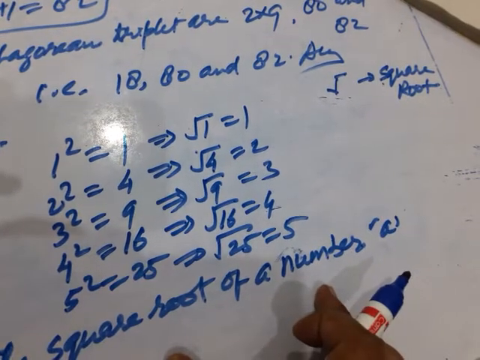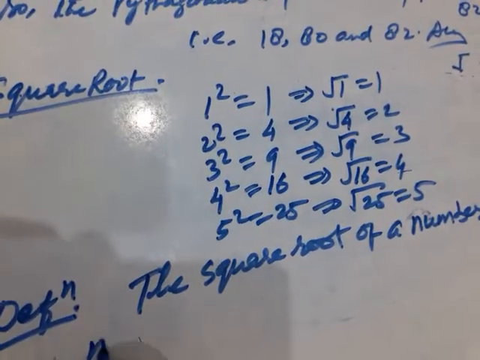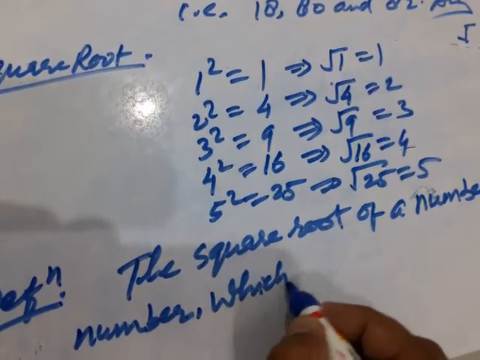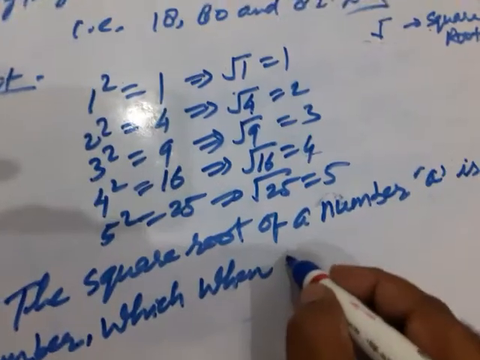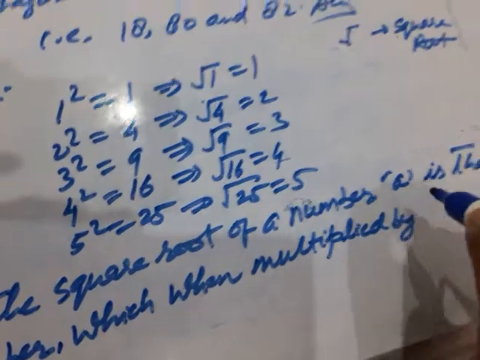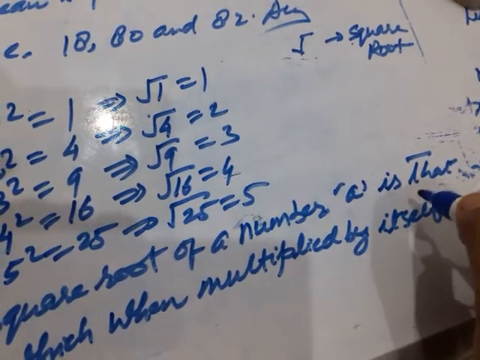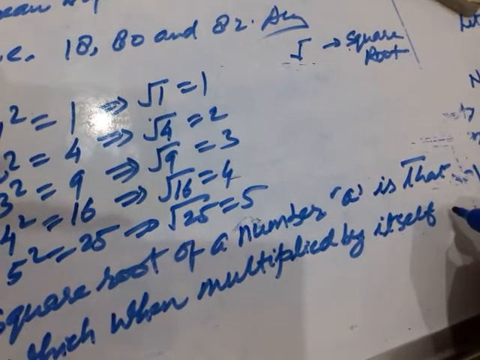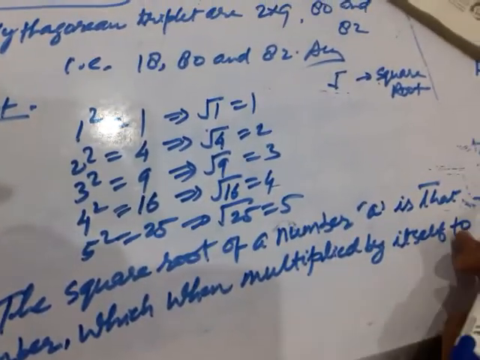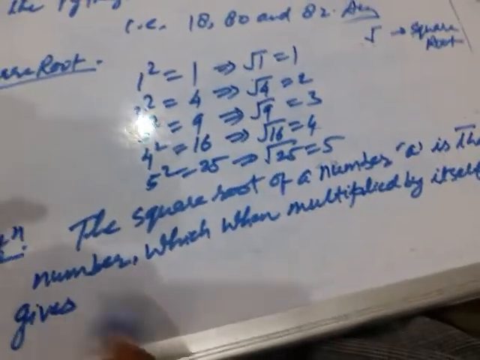The square root of a number A is that number which when multiplied by itself gives A as the product.